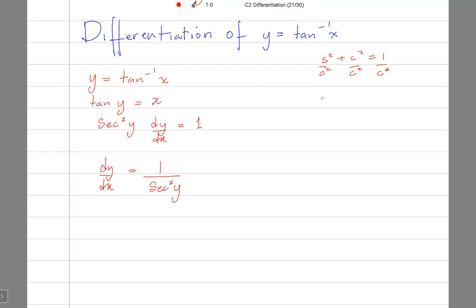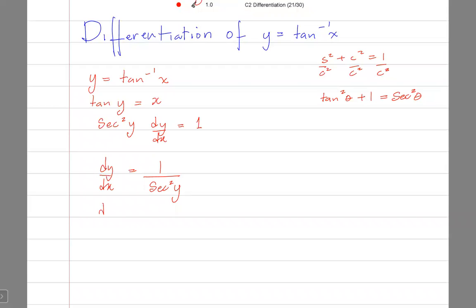I'm going to get tan squared theta plus 1 is equal to 1 over cos squared, which is sec squared theta. So in other words, sec square is the same as saying 1 plus tan square.